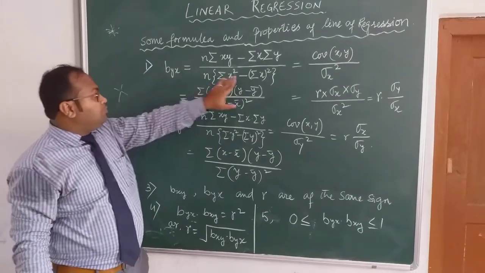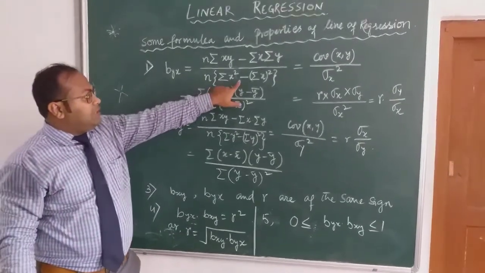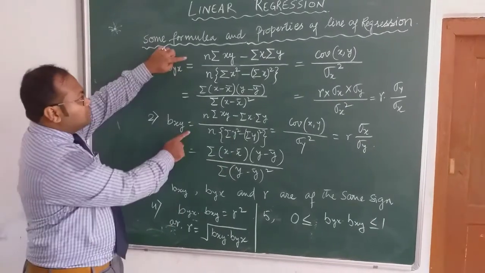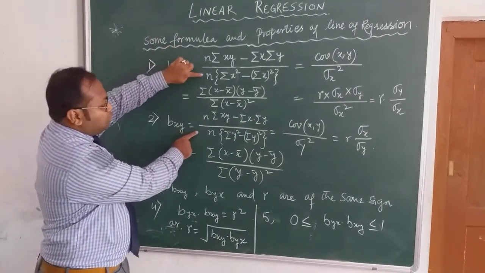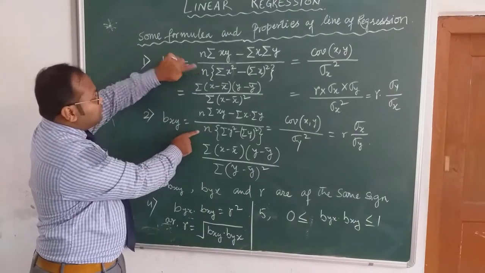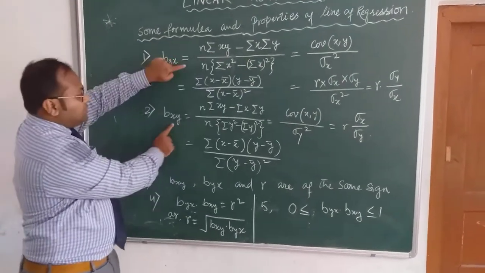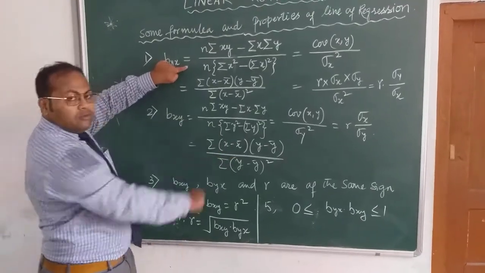Remember, in case of bxy, there will be y in place of x. See both the formulae: in case of byx, the denominator is all x; in case of bxy, the denominator is all y.